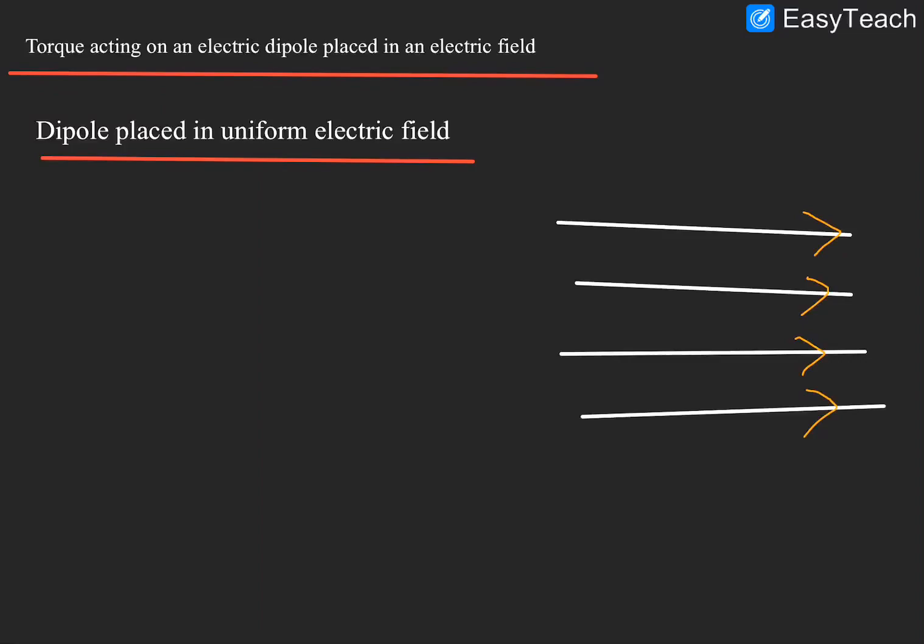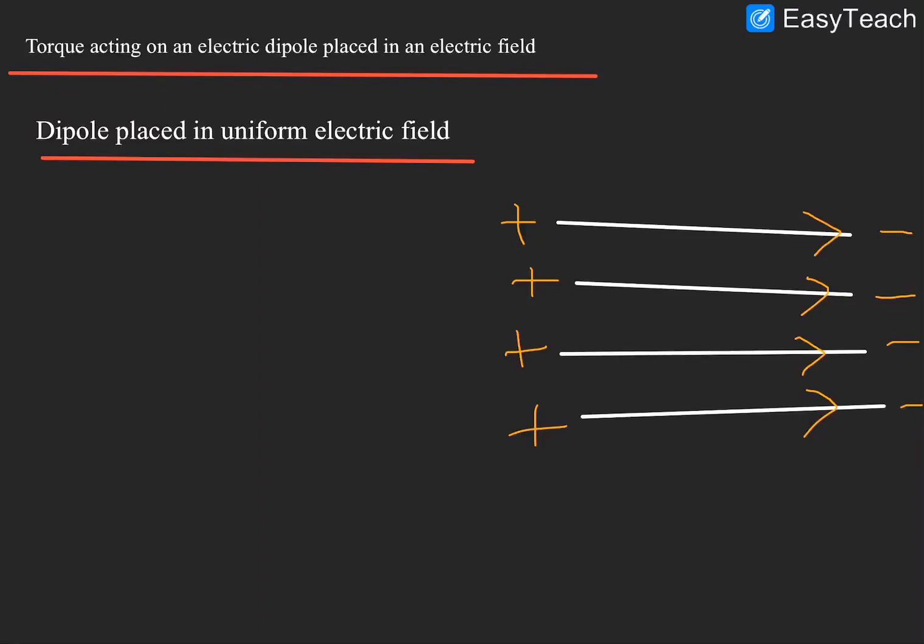You already know that the electric field always directs from positive charge to negative charge. Here it is from left to right, which means the left side will have positive charge and the right side will have negative charge.